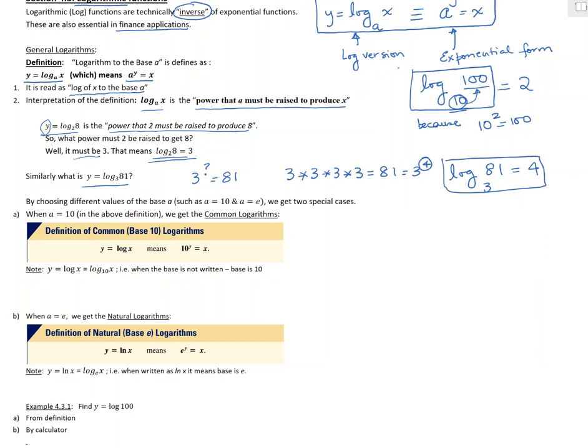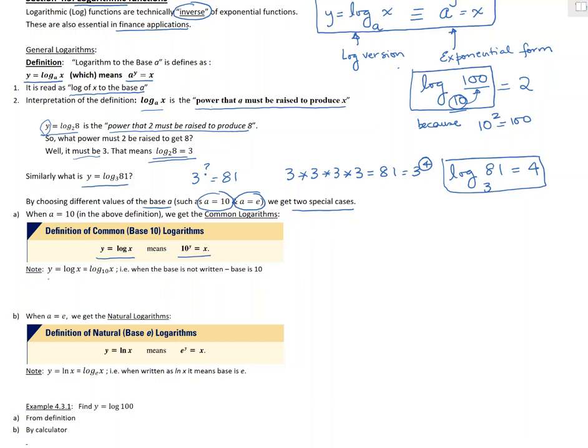Now, choosing different values of this base, suppose a could be 10 or a could be that special number e, we get two special cases. So let's look at the definitions. So when somebody says y is log of x, then what they mean is 10 raised to the power y is equal to x.